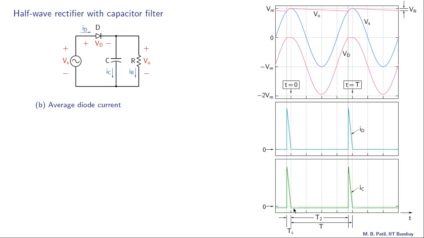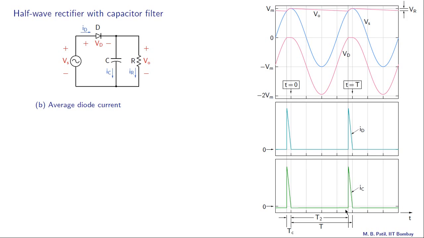And in this second interval, the diode is not conducting, ID is 0, and we have only this R and C in parallel. Now the capacitor is supplying current to the resistor, so IC is negative. So we see that here, this is a negative current.